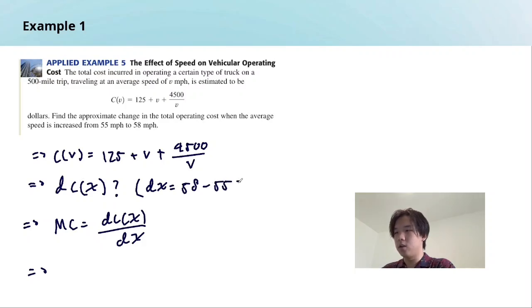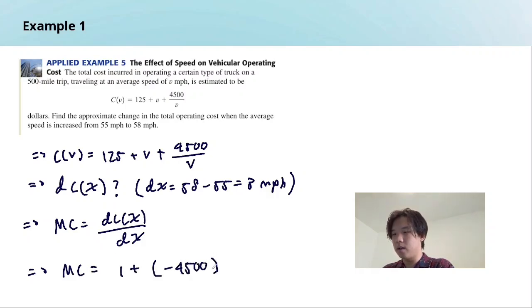That will be the change of the average speed. And now back to marginal cost, we have to differentiate the cost function. So marginal cost will be 1 minus 4,500 v to the power of -2, using the power rule of differentiation.